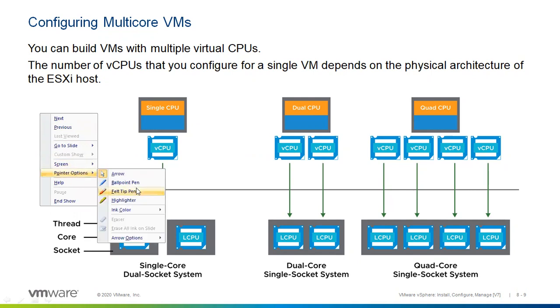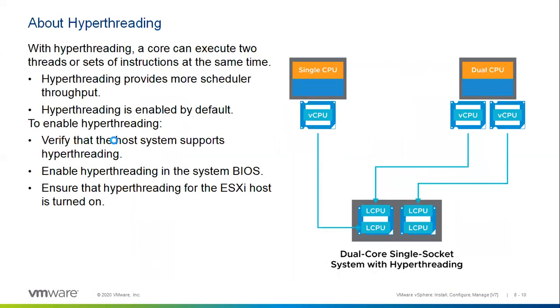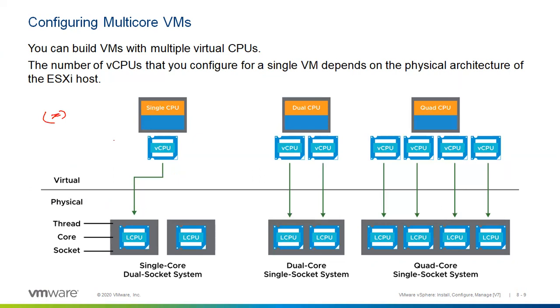Okay, so now configuring multi-core VMs. On CPU, we talk a lot. If you go back to the initial history, how the CPU allocation happened. Let me repeat the same thing again in brief. If you have any question, ask me.